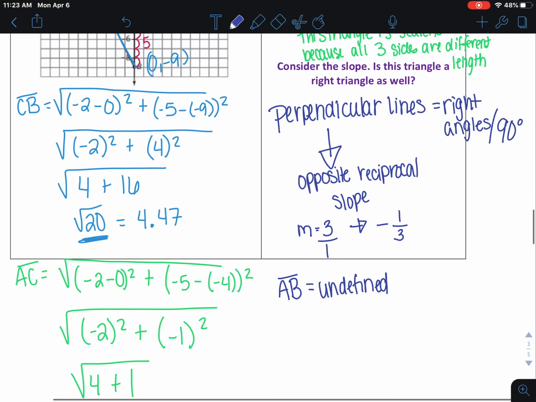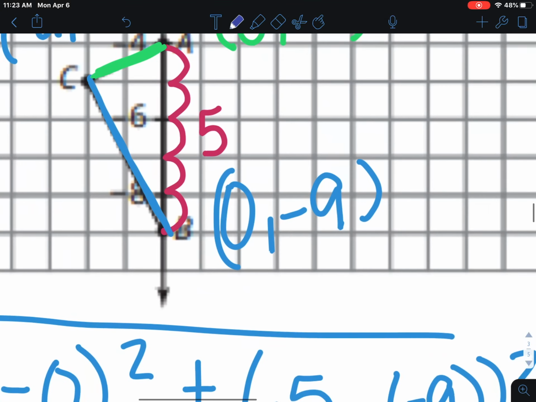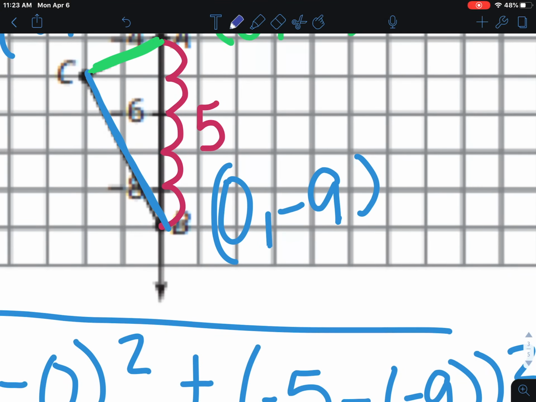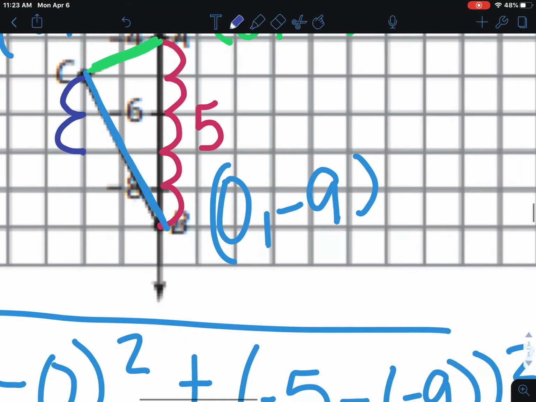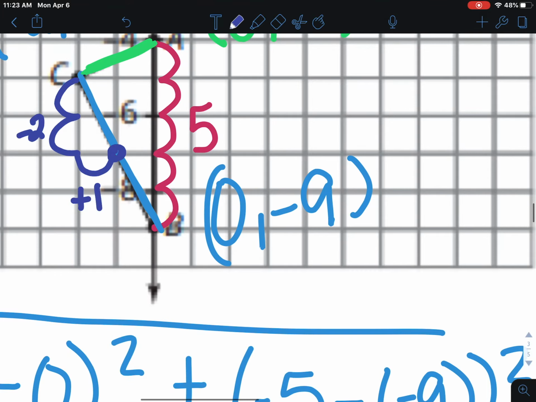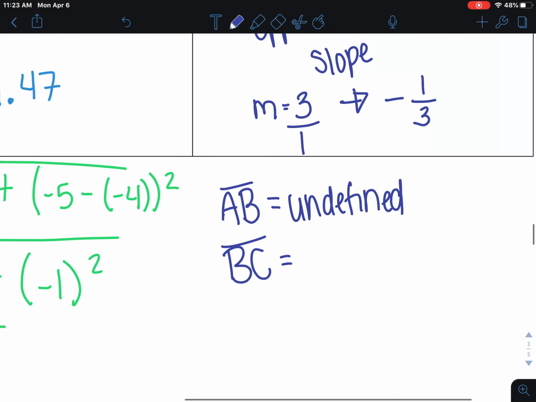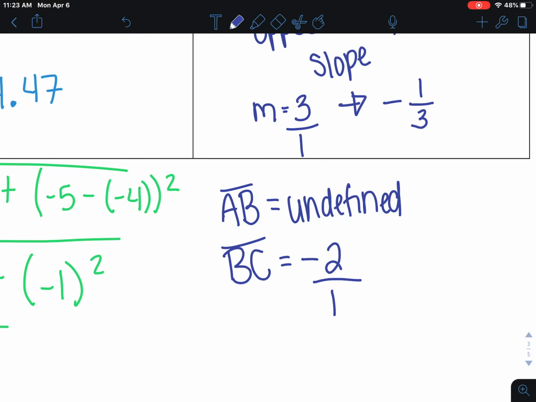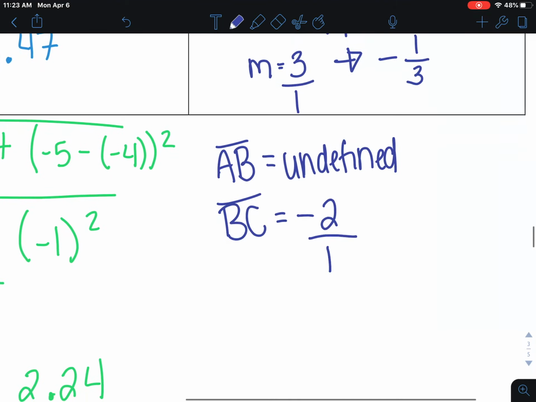The slope for BC, and since I'm looking at a graph, I can just count using rise over run. I don't actually need to use the slope formula. If you want to, go for it, but you don't really necessarily need to. So rise over run, I'm going down 2, and I'm going right 1. So my slope is rise -2 over run, which is +1.